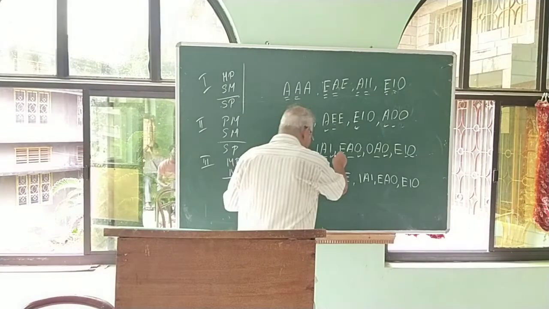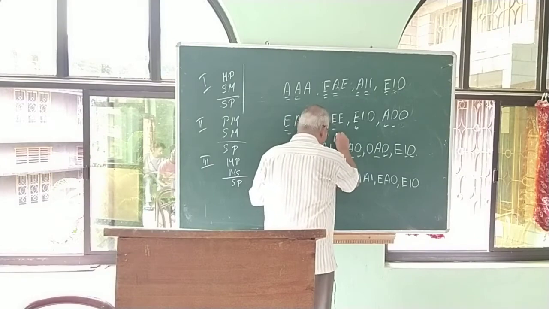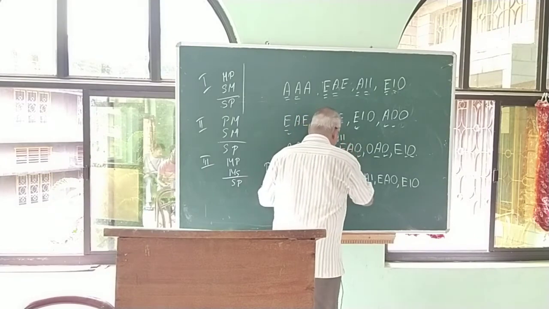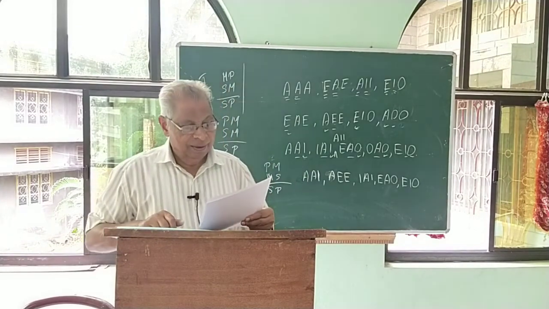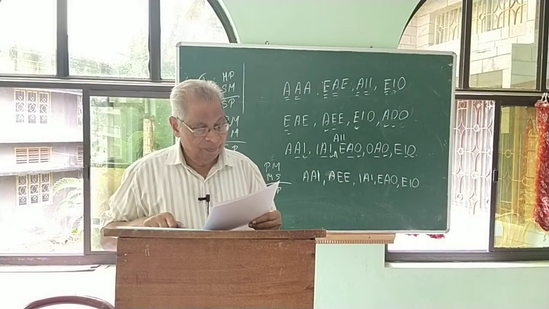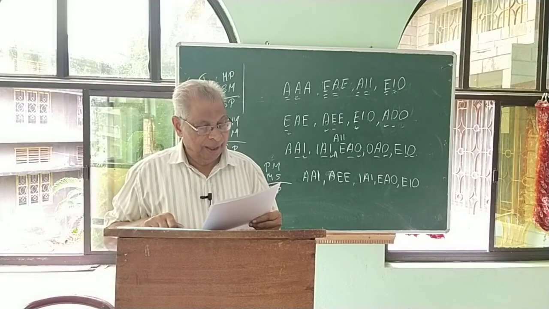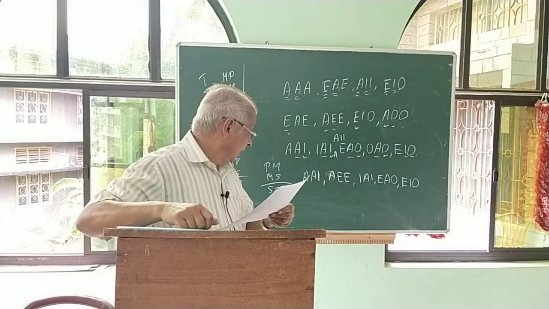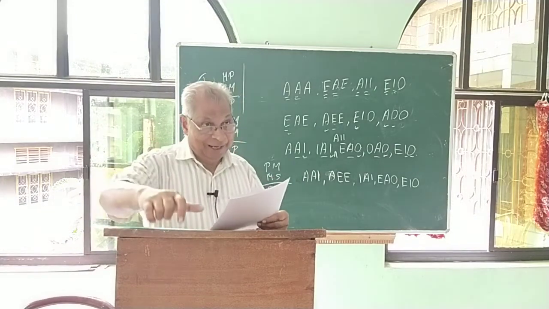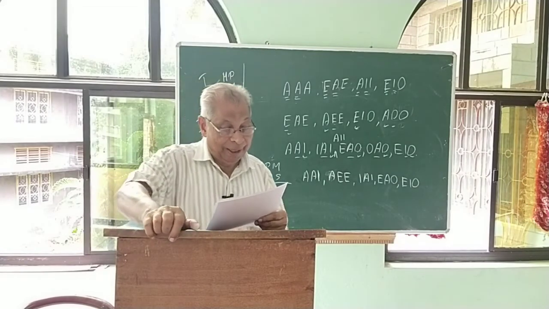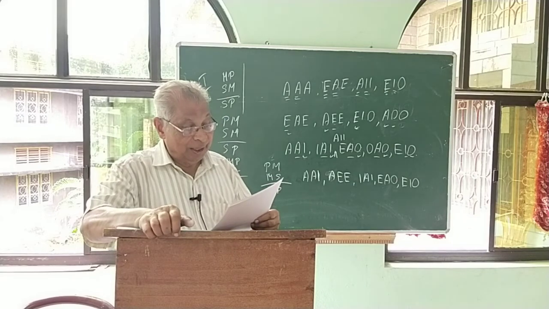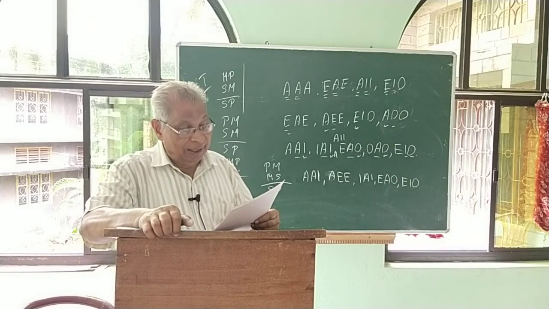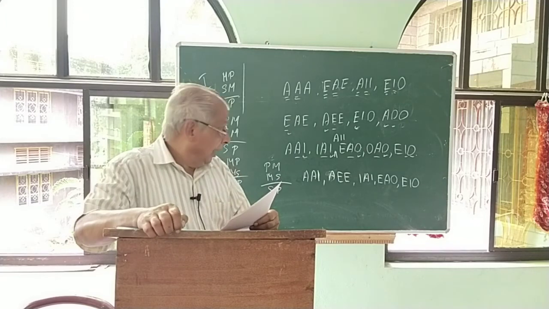It was AII, and then the rest. Only then we get the 19 altogether. Now we come back again to the fourth figure. The valid moods are AAI, AEE, IAI, EAO, EIO.